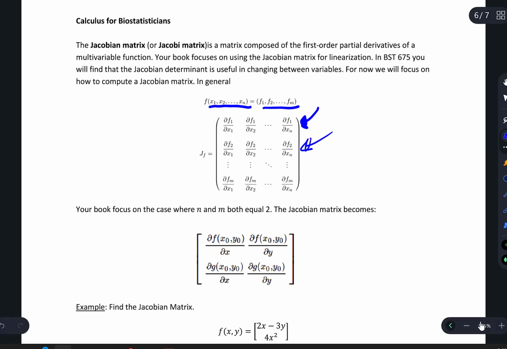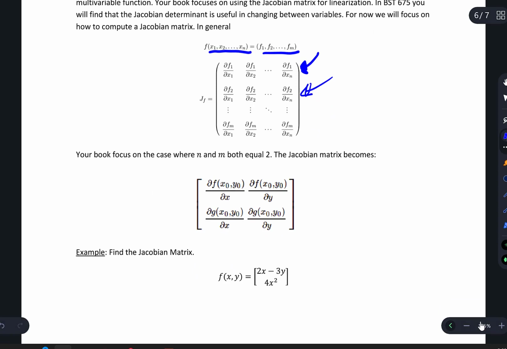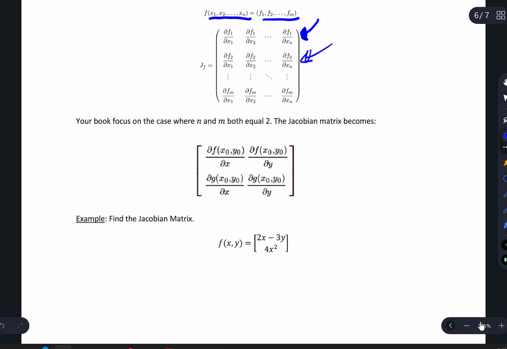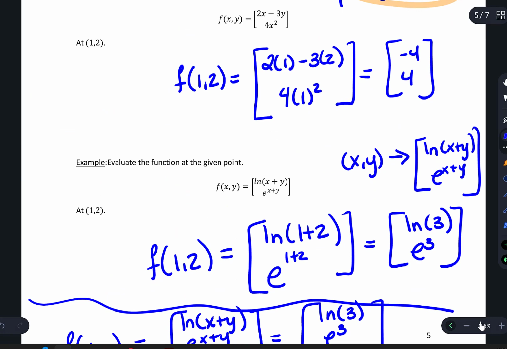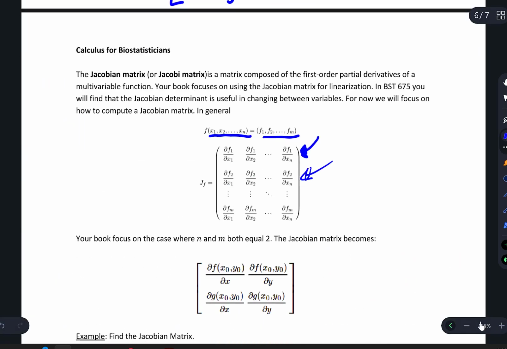And then you'll have the second function, and you'll take the partial derivative with respect to all the variables, and so on. And so we're going to look at some examples of this so you can see what it looks like. Your book focuses on the case where n and m are both equal to 2. So in other words, like these examples that we just saw, you've got 2 inputs and 2 outputs.